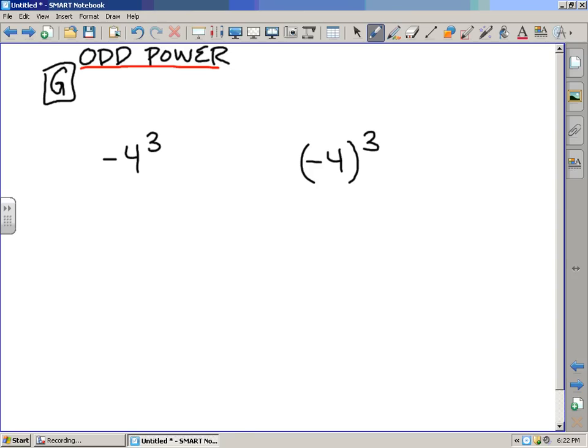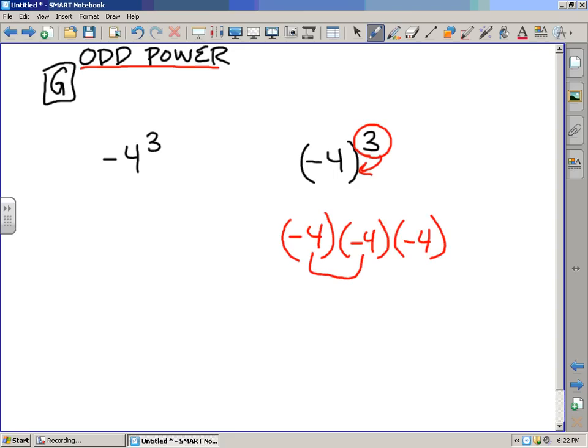On the right side, once again, the 3 goes to the entire set of parentheses, so that entire piece is the base. Negative 4 times a negative 4 gives us 16, and 16 times a negative 4 is negative 64.